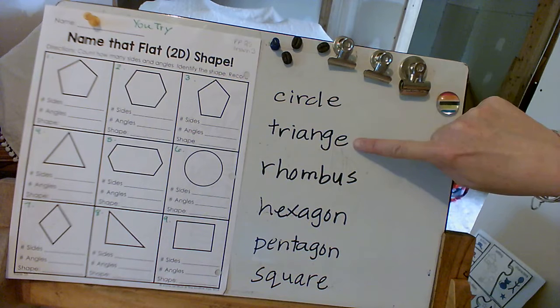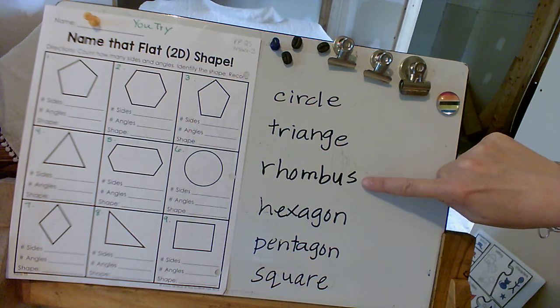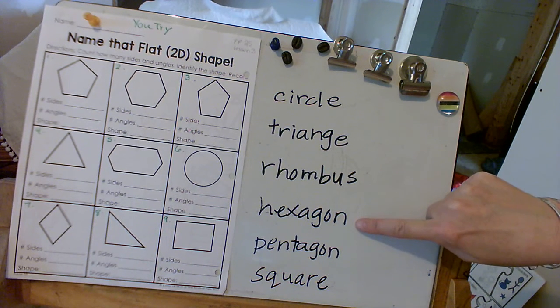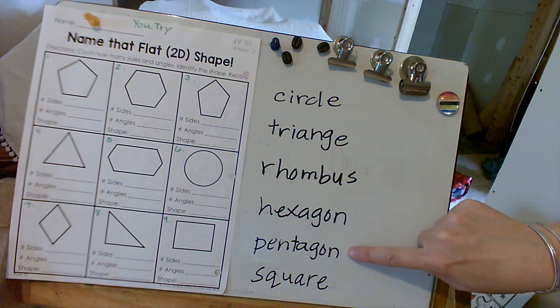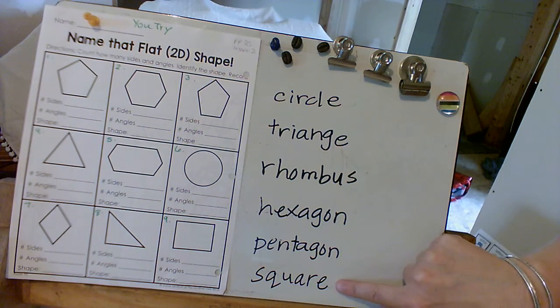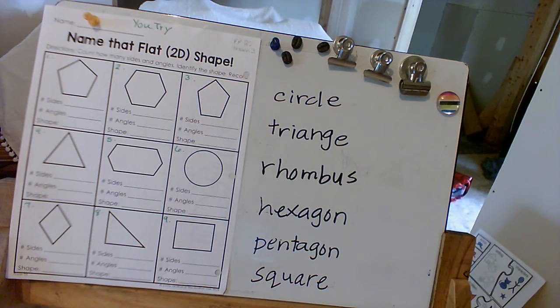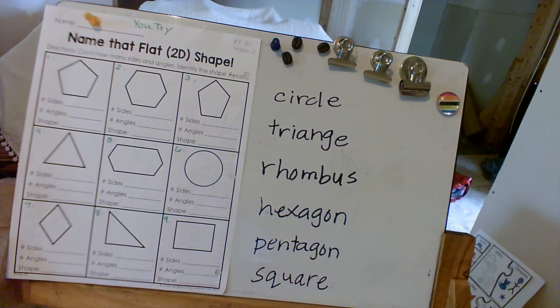Circle, triangle, rhombus, hexagon, pentagon, square. So those are the names of the shapes that you're going to use. There's more than one of some of the shapes. So count the number of sides. It may be the same type of shape more than once on the paper.